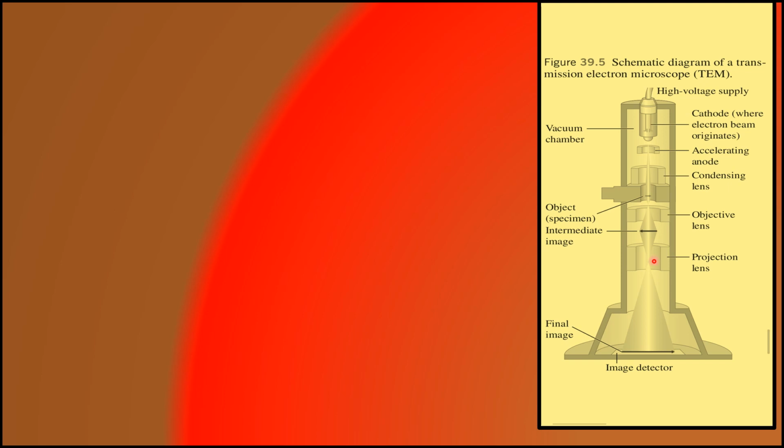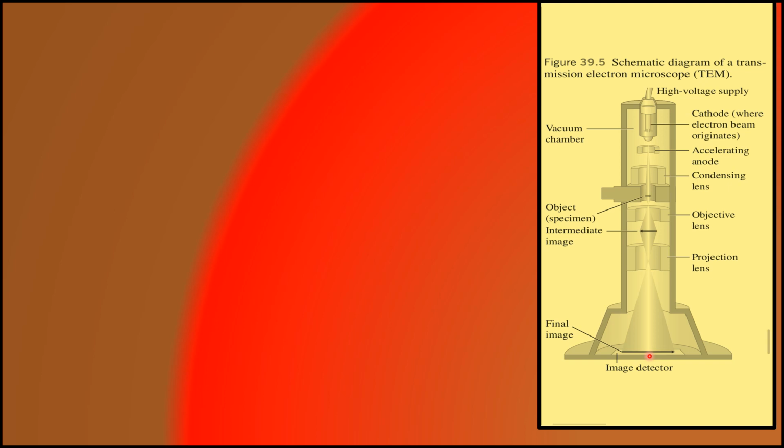So this is where the final image is detected. The objective lens and the projection lens play the roles of the objective and eyepiece lenses, respectively, of a compound optical microscope. This final image is projected onto a fluorescent screen for viewing or photographing.